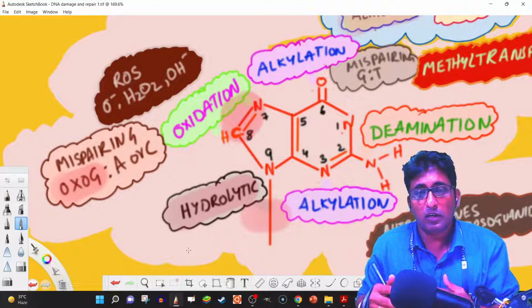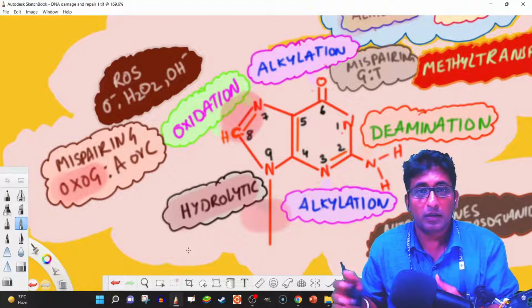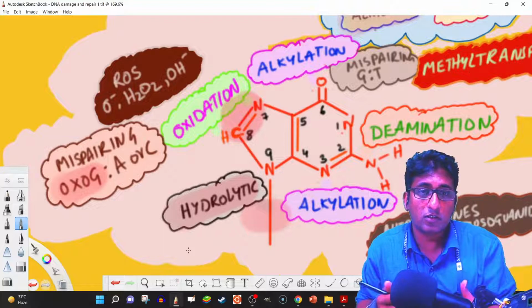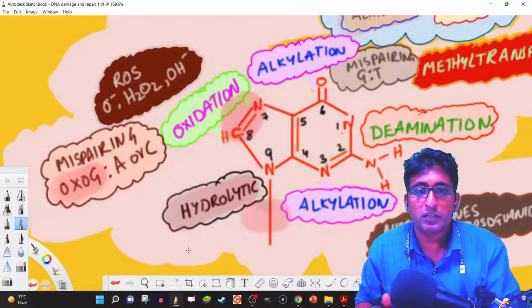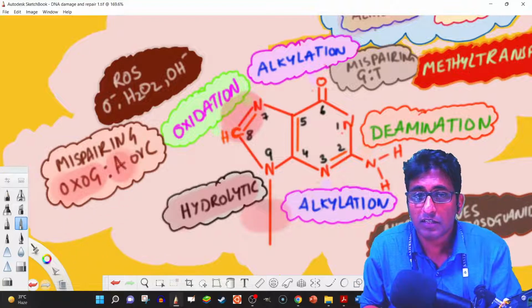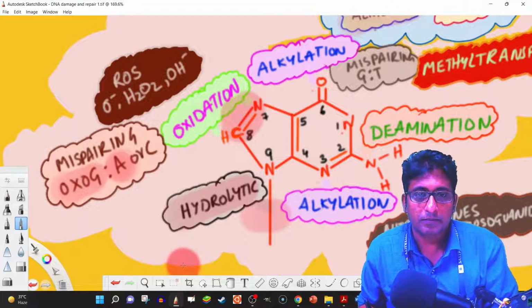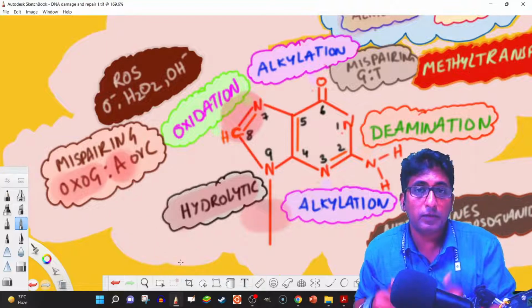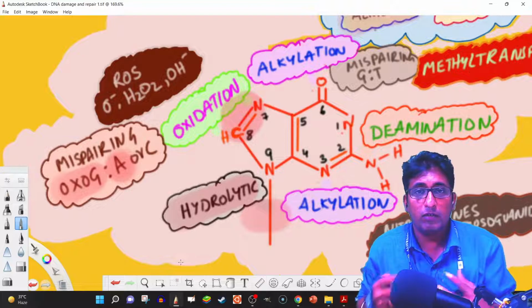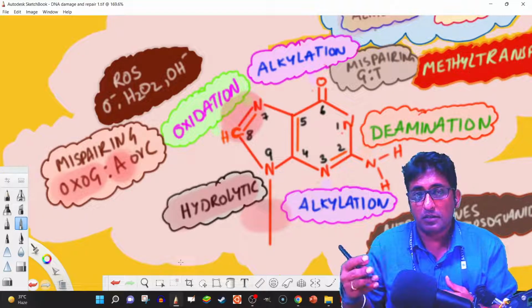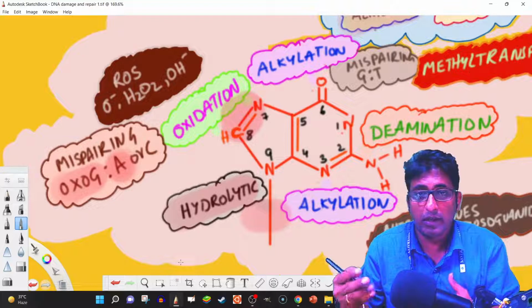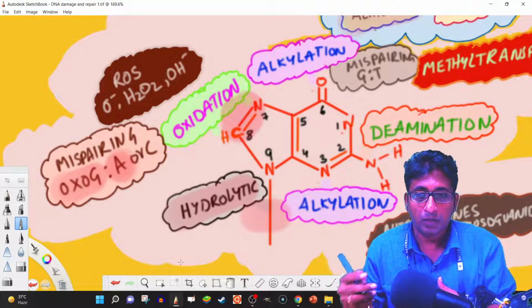Normally guanine only base pairs with cytosine, but now because of the oxidation of the guanine, it can also base pair with adenine. So if replication were to occur and we have an oxo G, then it might base pair with adenine or cytosine.